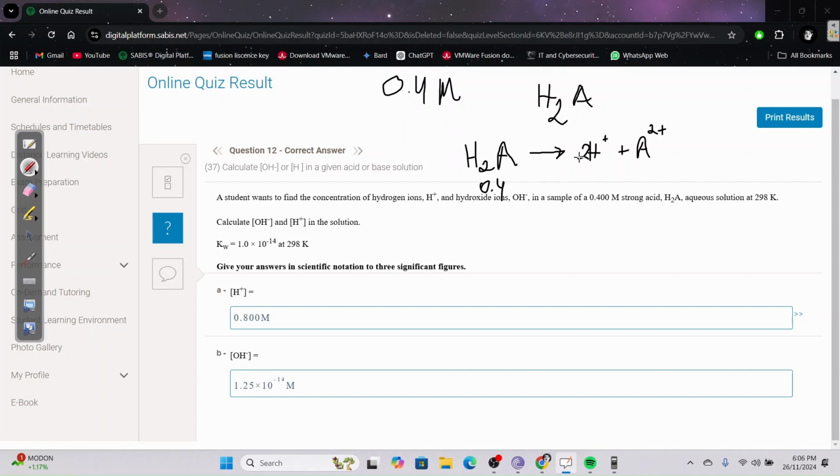What you do is you multiply 0.4 by the coefficient. So 0.4 times 2, which is 0.8. And here 0.4, but this we don't really care about. Or if you're in a computer part, just straight away multiply this by the subscript of hydrogen or hydroxide, depending on the question. So here 0.400 multiplied by the subscript, which is 2, so 0.400 times 2 is 0.8.